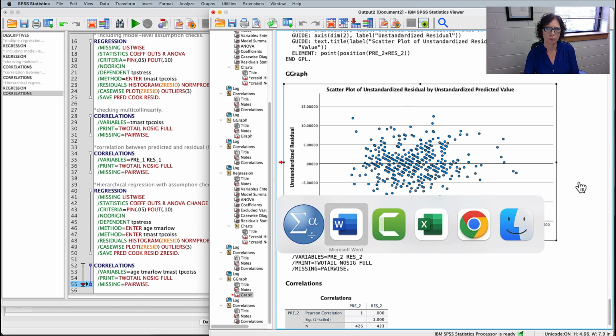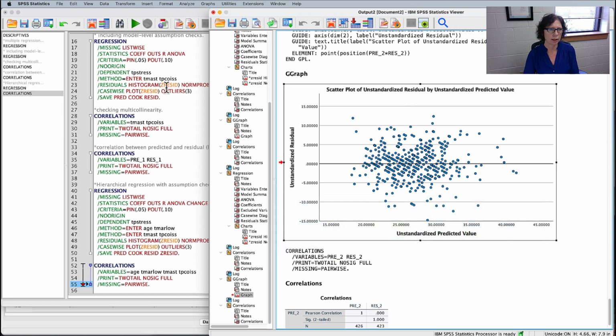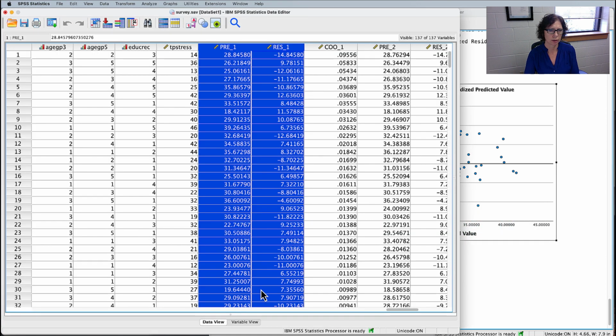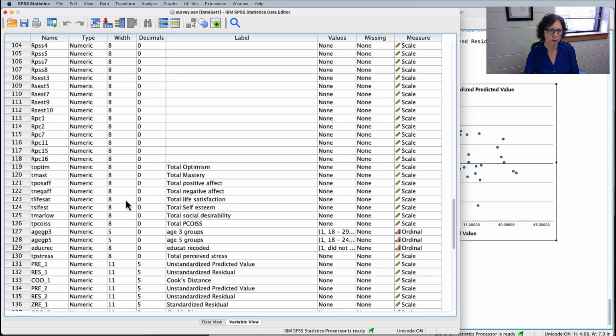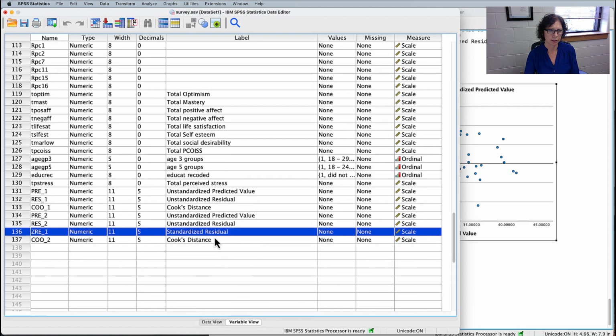So one question here is, why did I ask for the standardized residuals? This guy right here. One thing you can do with checking for outliers, because now we have standardized residual and we have Cook's distance, and these are about the same model, model 2, or the hierarchical model.